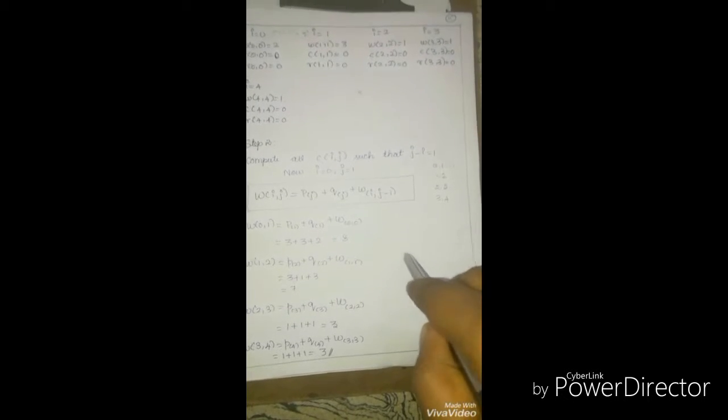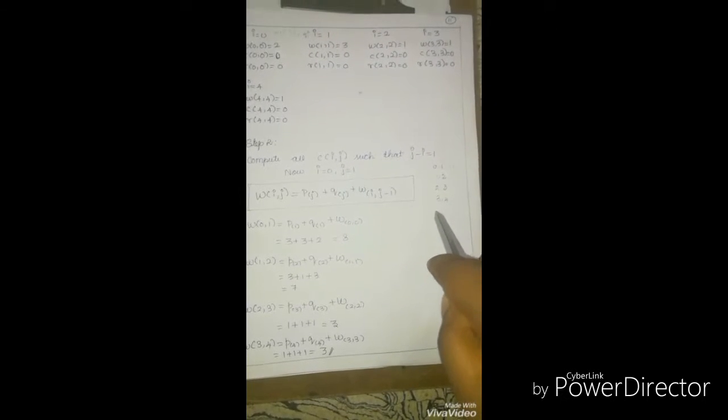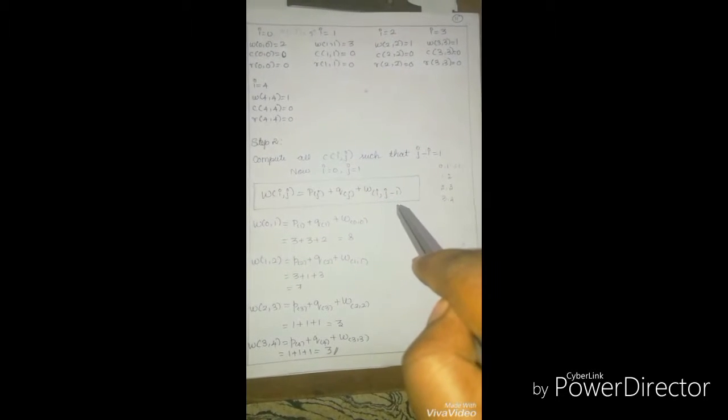Now, step 2 is j minus i equal to 1. It has 4 different combinations: 0,1, 1,2, 2,3 and 3,4. In order to compute the weight, we have the standard formula Pj plus Qj plus W of i, j minus 1. We will find the weight for all 4 combinations and keep it aside.